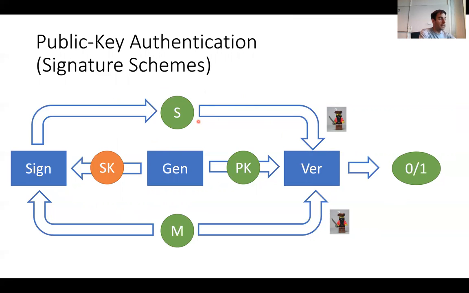If I sign a message and send it to you, you can prove to someone else that I said what I said, and I can't repudiate it. So I can sign a contract and send you the signed contract, and then if I don't act according to what the contract said, you can go to a judge and say, look, I have this signed contract, and this person has signed this contract.